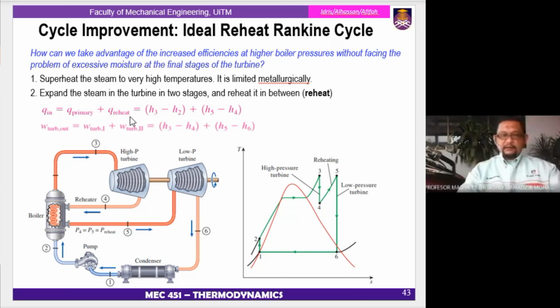To calculate the amount of energy in the system, you take the heat in the primary plus the heat in the reheater.